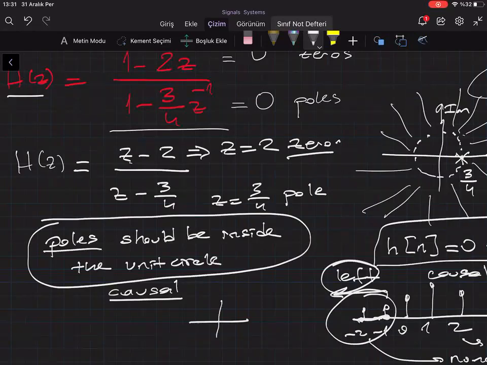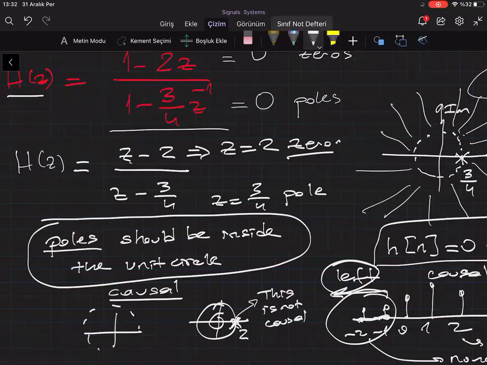If you have such a thing and this is your pole, and if it is at 2, that means this is not a causal system. Okay, all poles should be inside the unit circle. This is the unit circle, and poles should be inside it.